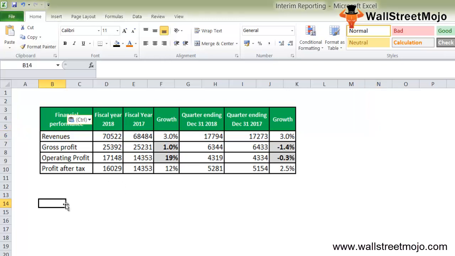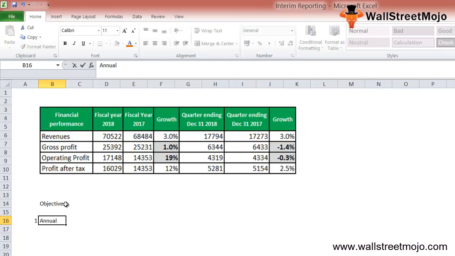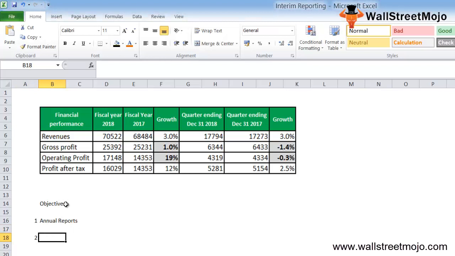Now let me take you through the objectives behind going for interim reporting. Investment decisions are taken around the year. Investors don't wait for annual reports that are declared at the end of the fiscal year. With companies relying not only on organic but also on inorganic growth, annual data is insufficient in evaluating developments and earning projections of the industry and the firm.